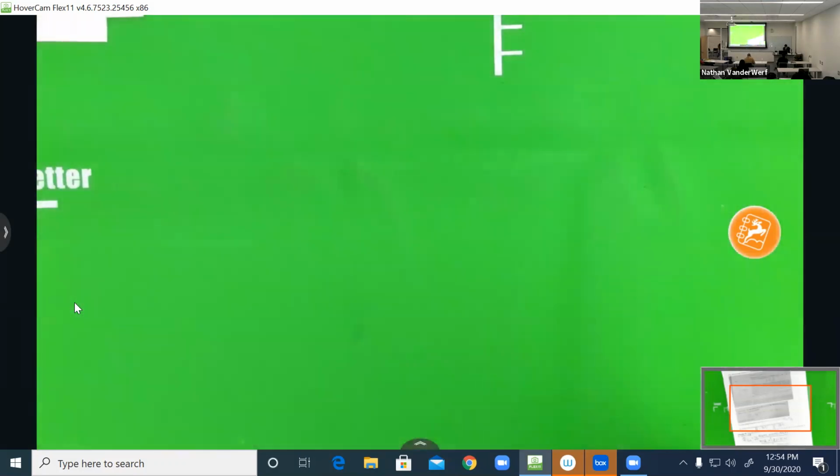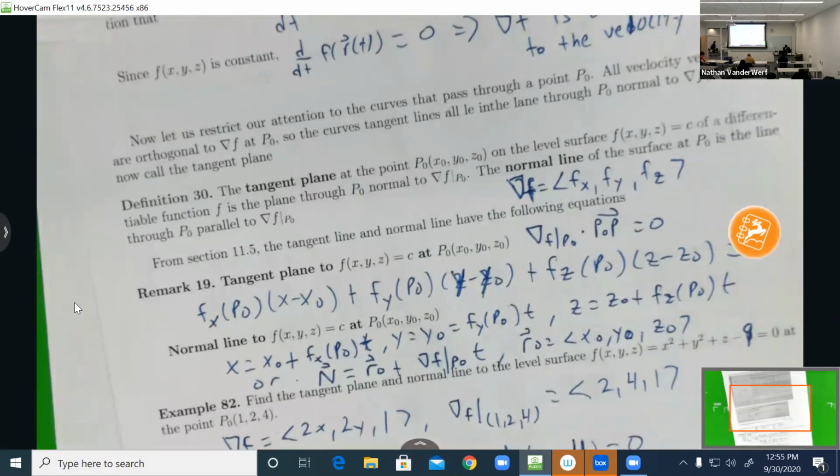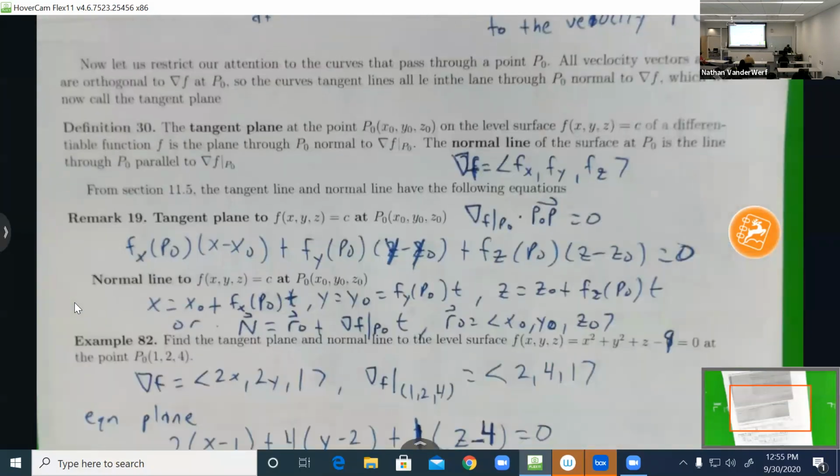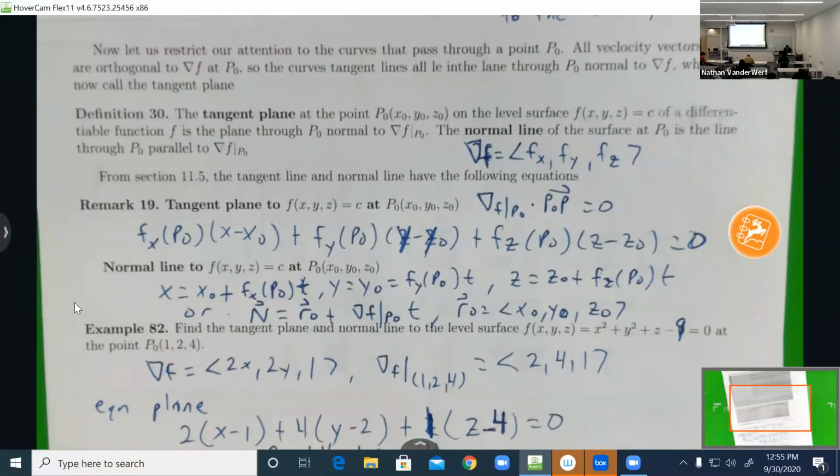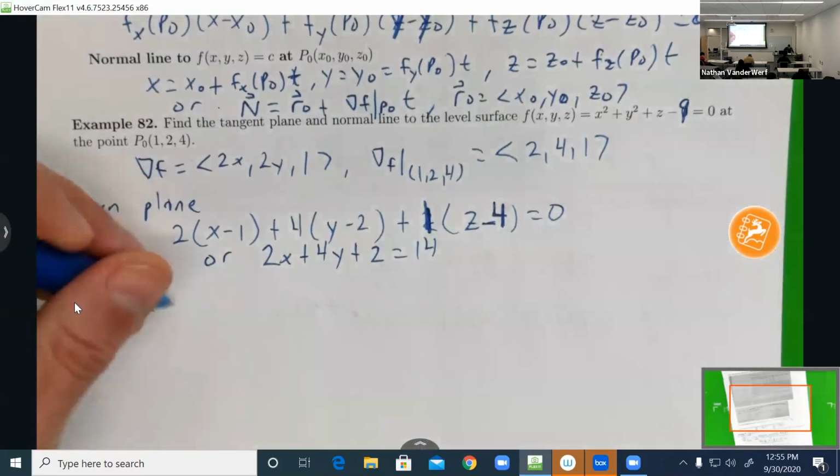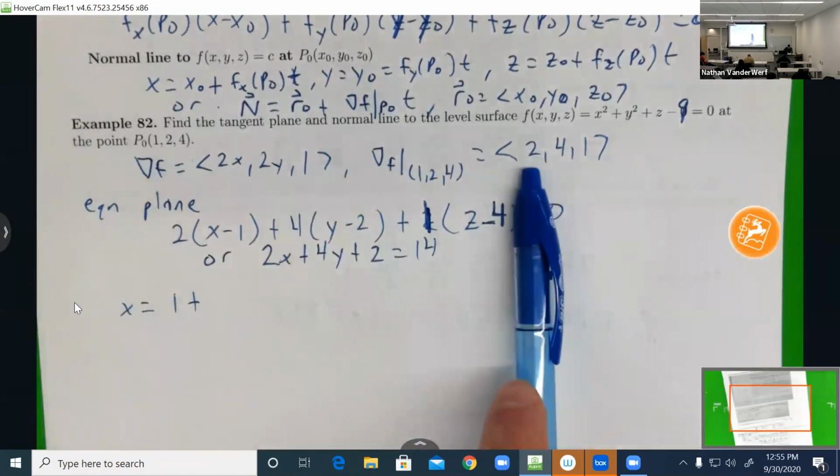Another example here. No, we need the normal line as well. Oh yeah, normal line. So the normal line then is going to be, we'll just write it in parametric form here. x is going to be, so our point is, so we have 1 plus and then 2, right?